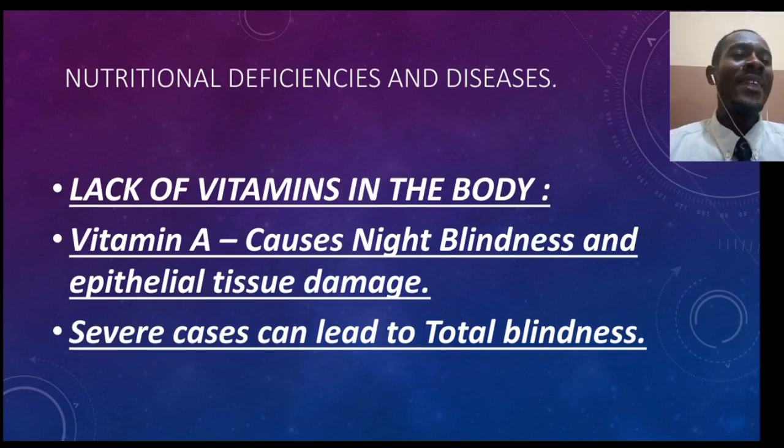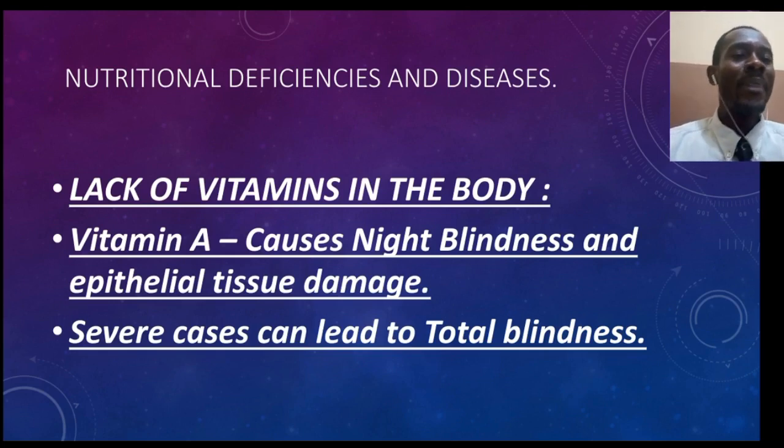But when this vitamin A is not in place, these epithelial tissues will become dry. Something that aids the dissolution of oxygen, when it becomes dry, then it's very difficult for oxygen to be dissolved in that air pipe.